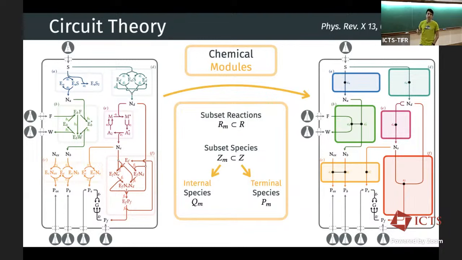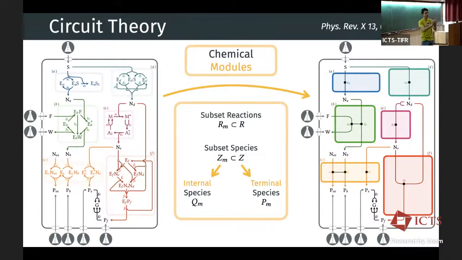The internal species, this is important, are those that are interconverted only by the subset of reactions. Here, the species enclosed in this blue box are only interconverted by these reactions. The species in green, enclosed in this green box, are only involved in the reactions represented in green, etc.